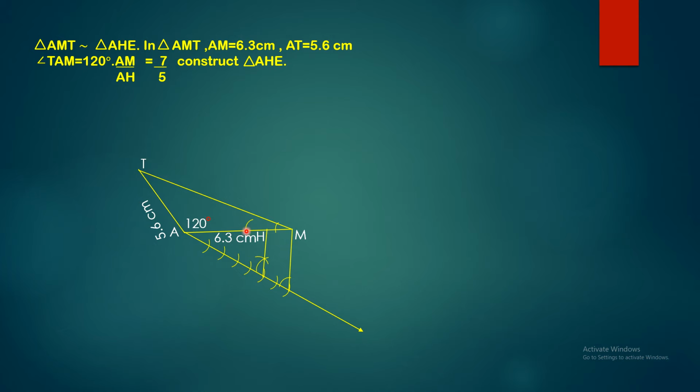Then from this point, with the same distance, draw an intersecting arc, and this distance is the same as the width of this angle. Okay, now from this intersection point and the point H, draw a segment which is parallel to segment TM, and name this point as point E, and this is the required triangle AHE.